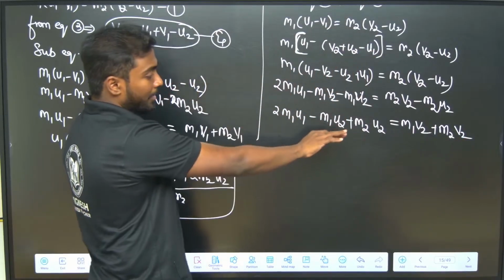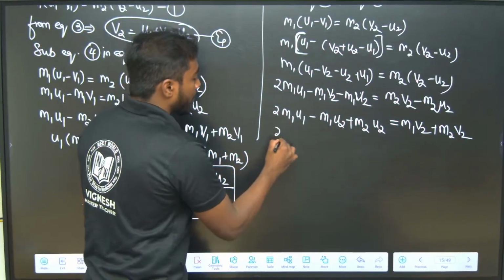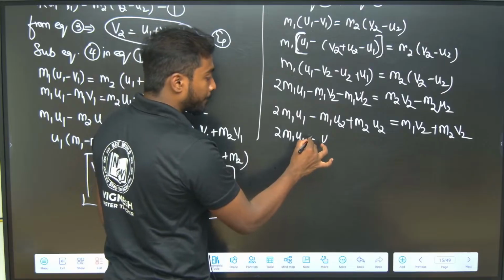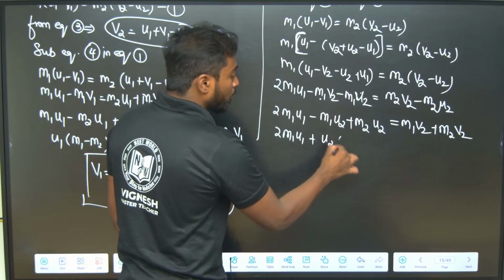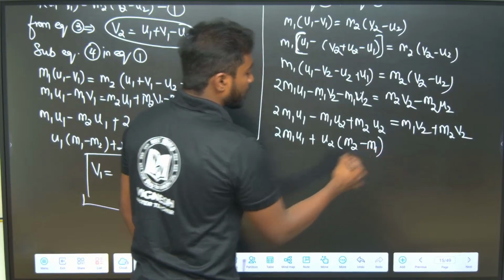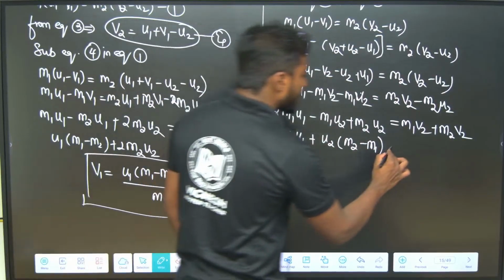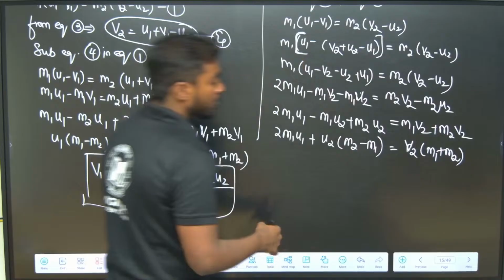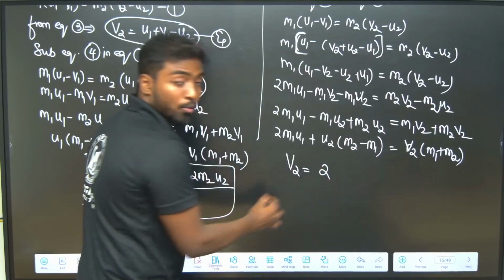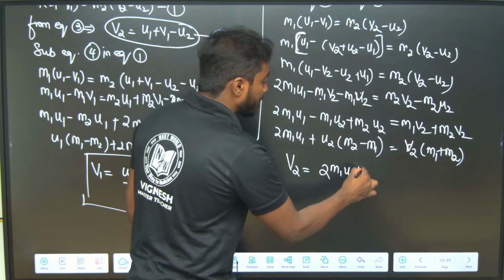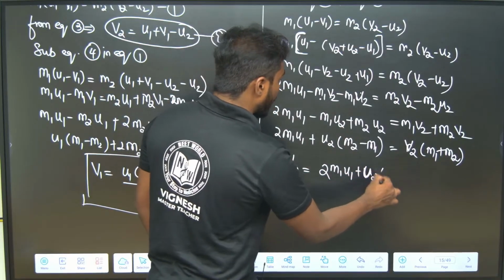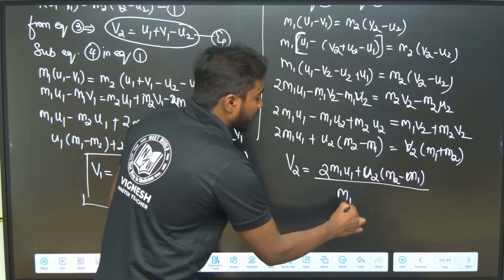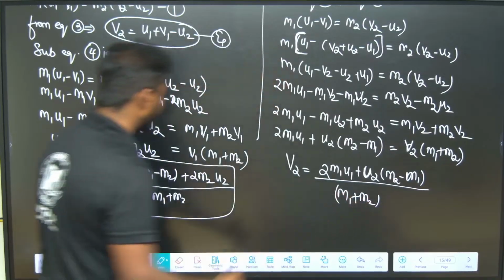Here I'll take u2 commonly outside: 2 times m1 u1 plus u2 of m2 minus m1 should be equal to v2 of m1 plus m2. So v2 will be equal to 2 m1 u1 plus u2 of m2 minus m1, divided by m1 plus m2. This is the final answer.